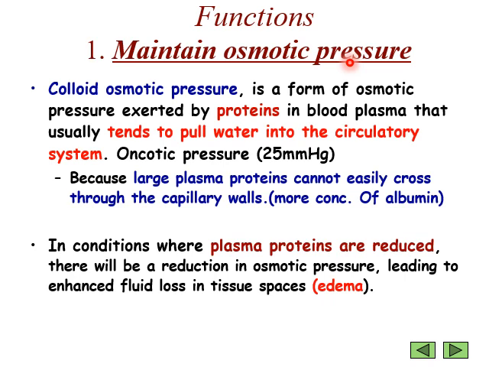Here the osmotic pressure is actually provided by the proteins. The osmotic pressure provided by the proteins particularly is known as colloid osmotic pressure or oncotic pressure. Got it? The oncotic pressure or colloid osmotic pressure is nothing but the osmotic pressure provided by the proteins.